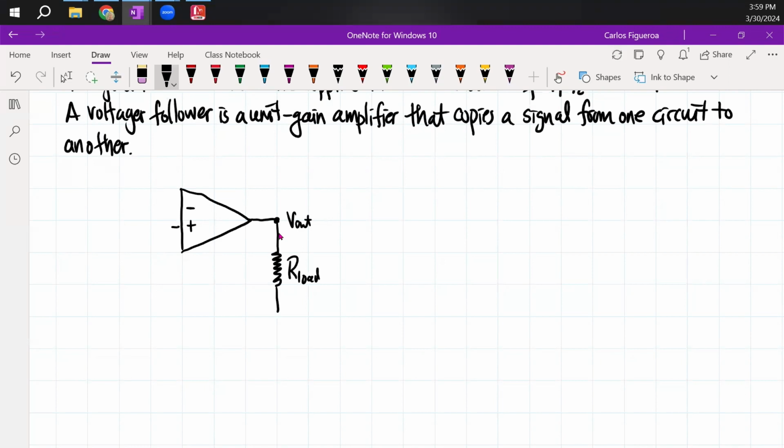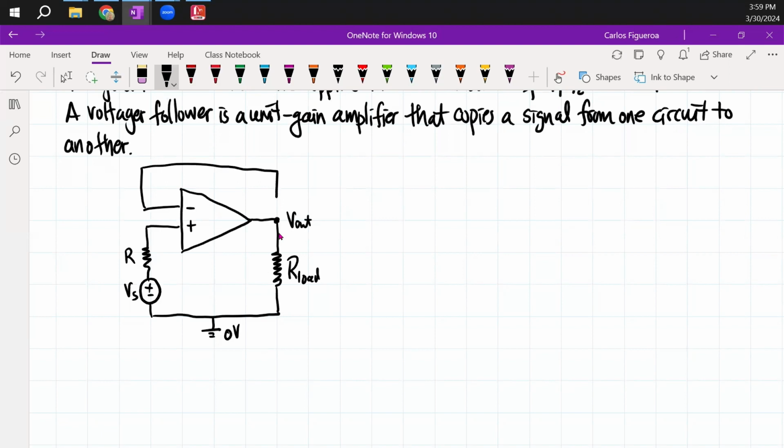A lot of the times you're going to see these guys connected, and they'll say, yep, here's the common ground. This is my source. This is some resistor R. And then the key thing to a voltage follower is that there's a wire connected between V1 and V out.